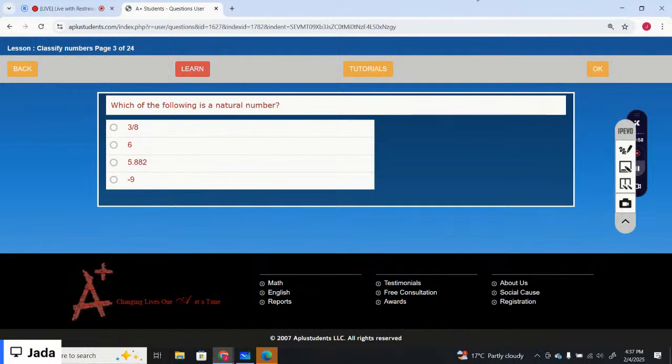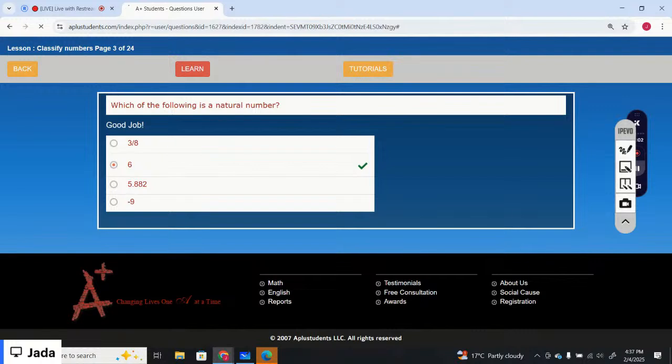That is 6. Option number 2 is the correct option. 6 is a natural number.